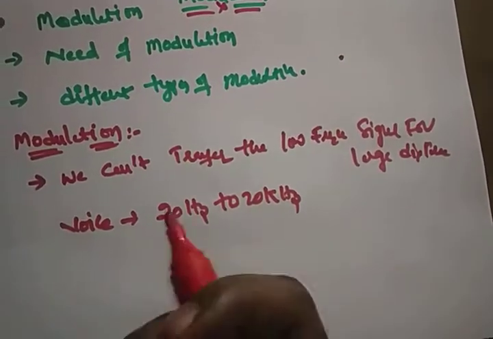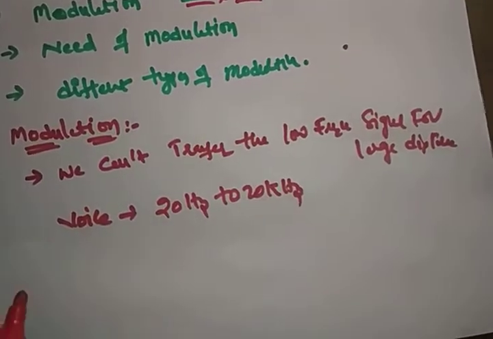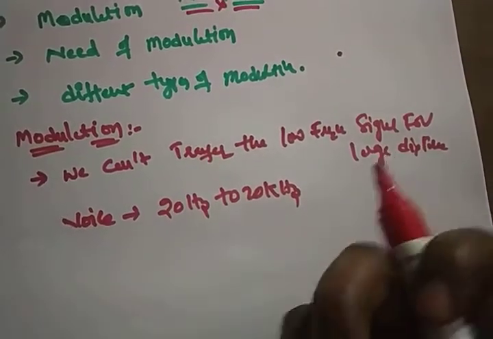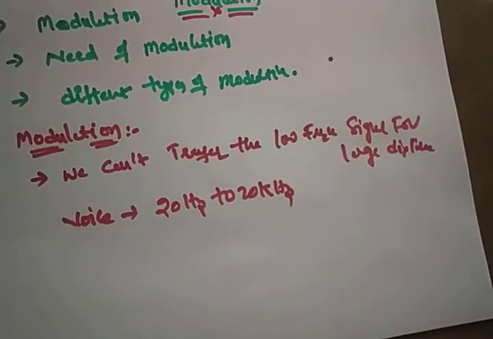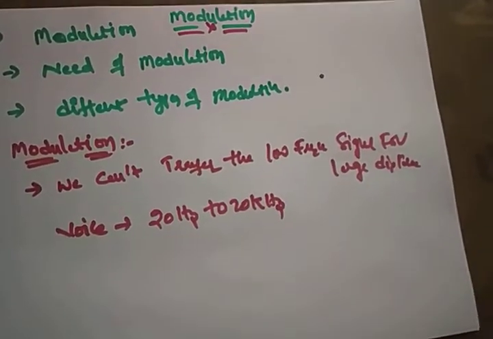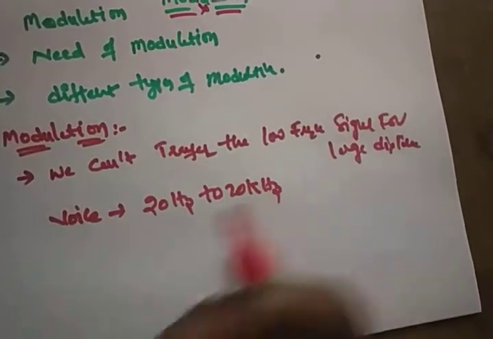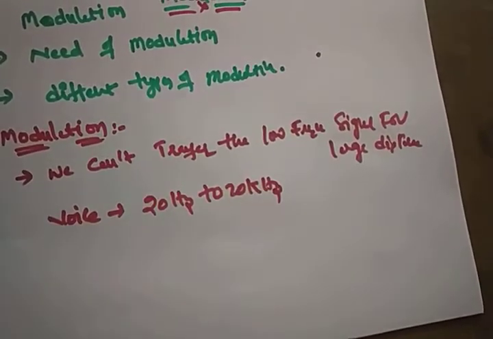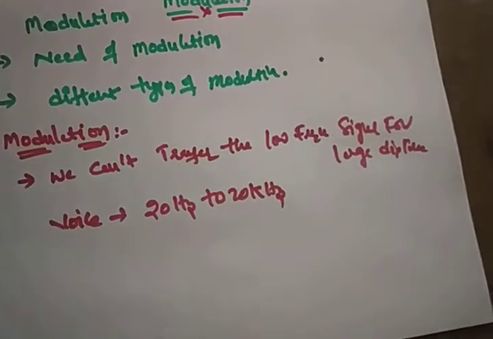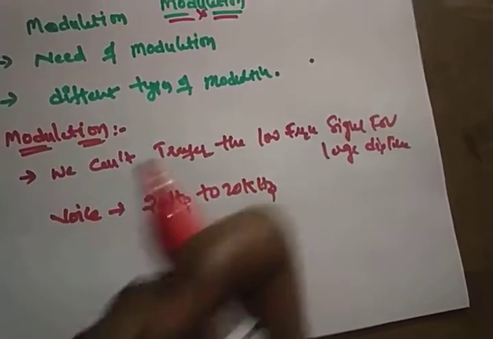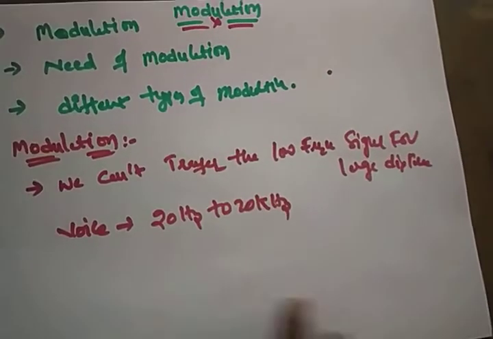If you want to transfer what I am speaking here, it can't be transferred. These types of low frequency signals can't be transferred for a large distance, like if you are staying in Machala, it can't be transferred from Nellore. So how can it be transferred?